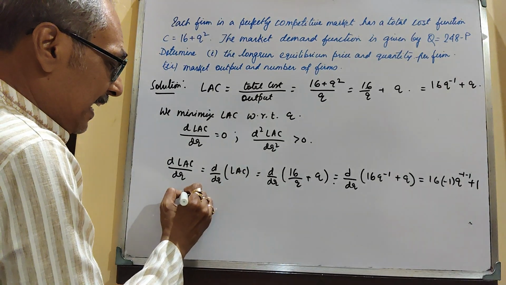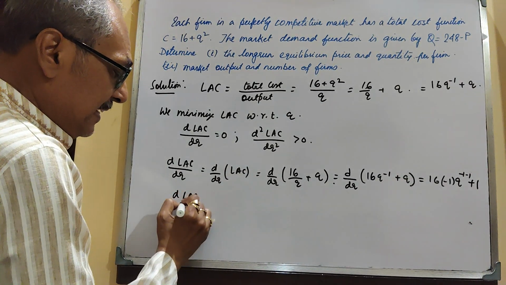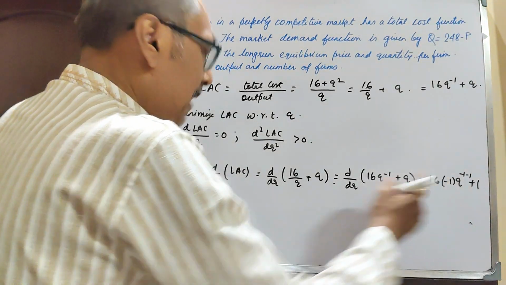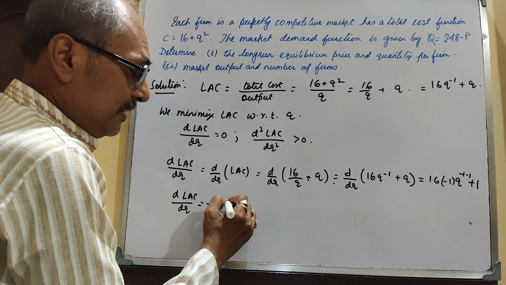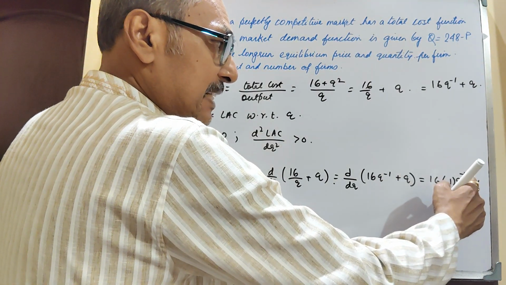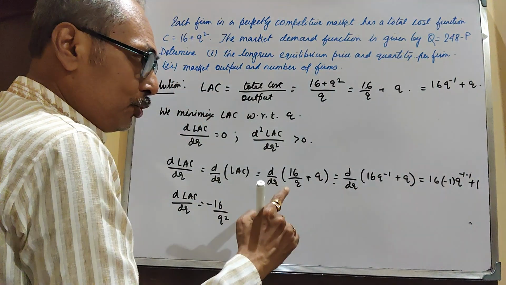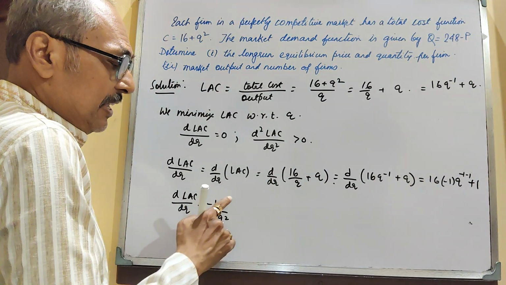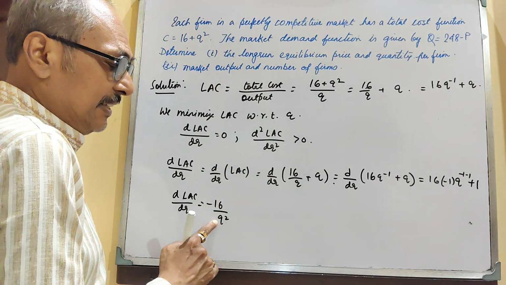Therefore, dLAC by dq is minus 16 by q squared plus 1 equals 0, because the power of q is minus 2, so we take it in the denominator.